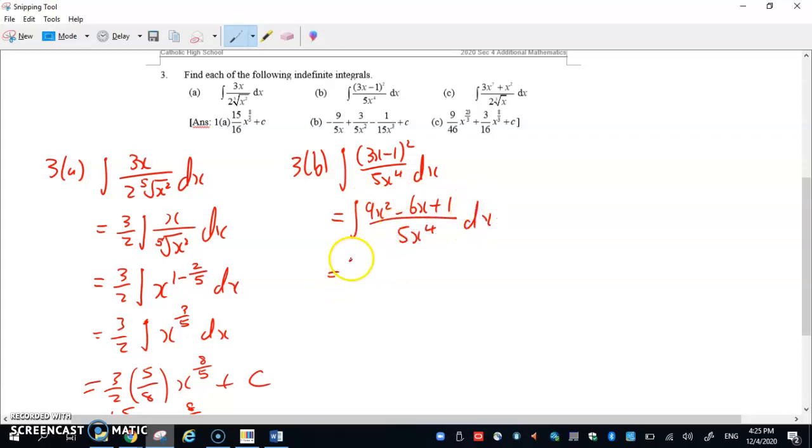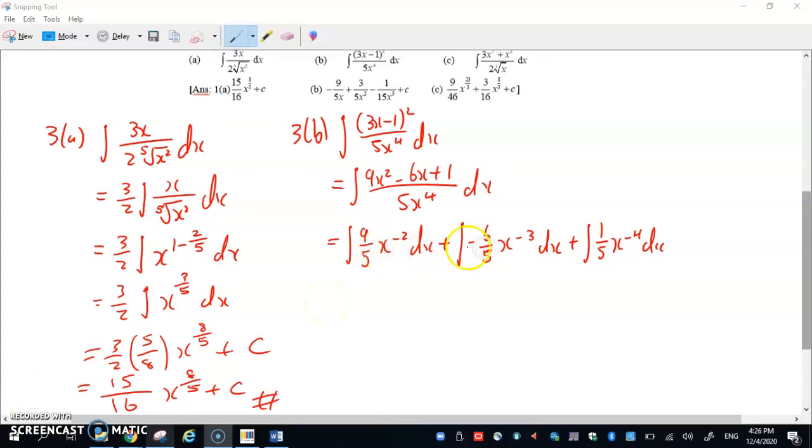And what we get is simply 9 over 5 x to the power minus 2 dx plus negative 6 over 5 times x to the power of negative 3 dx plus integration of 1 over 5 x to the power minus 4 dx.